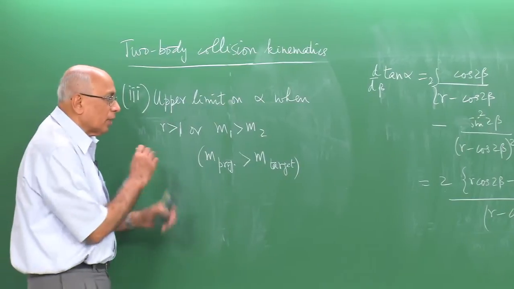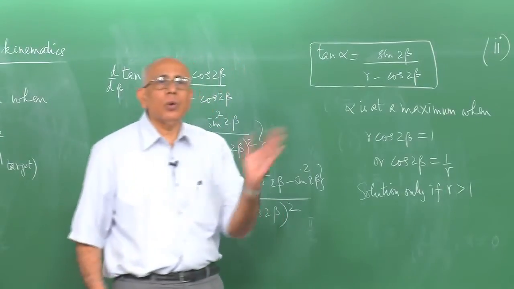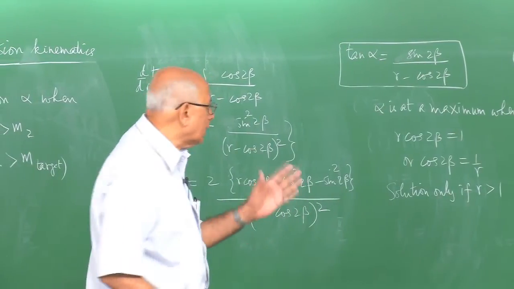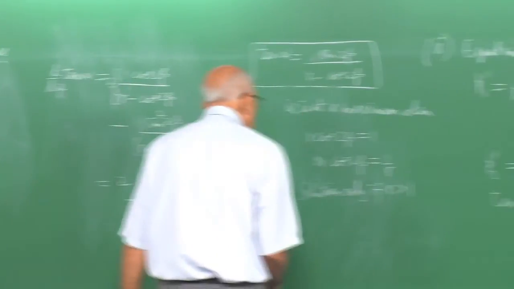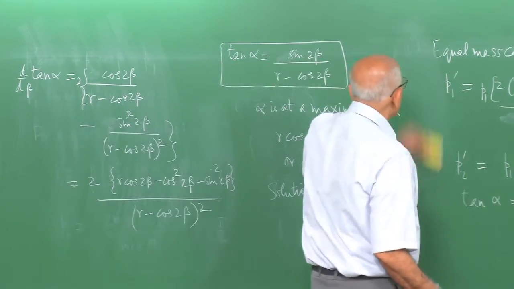So when the target is lighter than the projectile, the conclusion is alpha cannot go beyond a maximum value. That is the largest it can be. And what is that maximum value? It is given by cos 2 beta is 1 over r. So let us write this maximum value down.